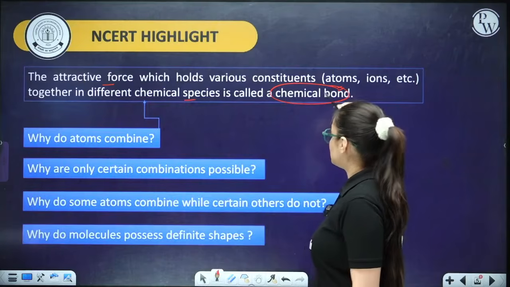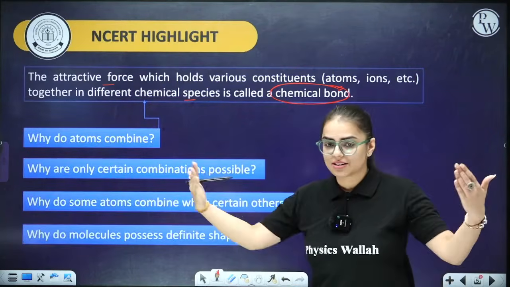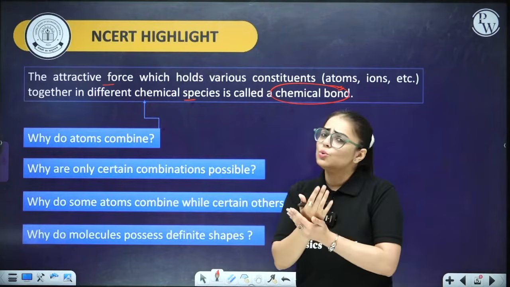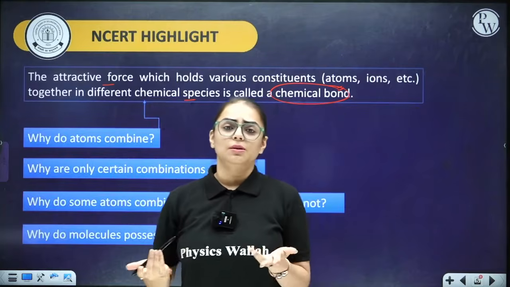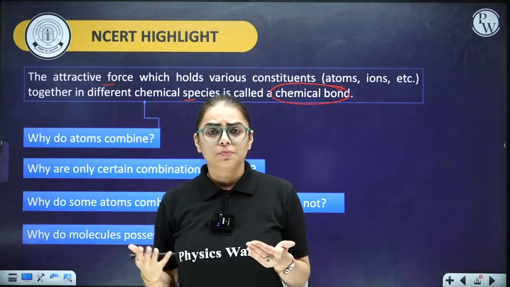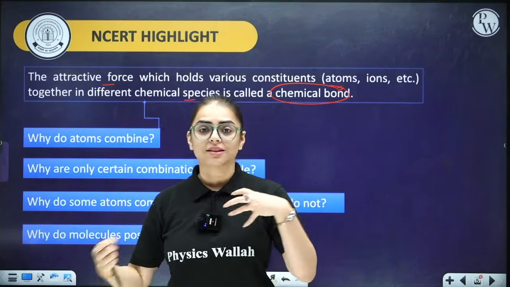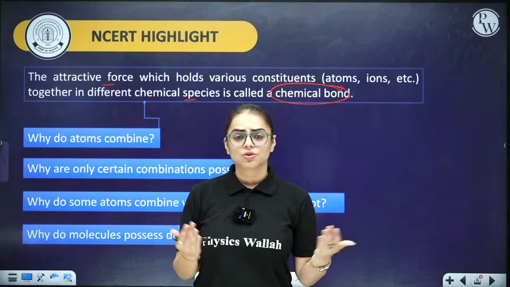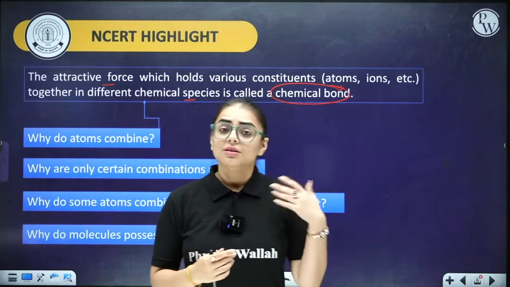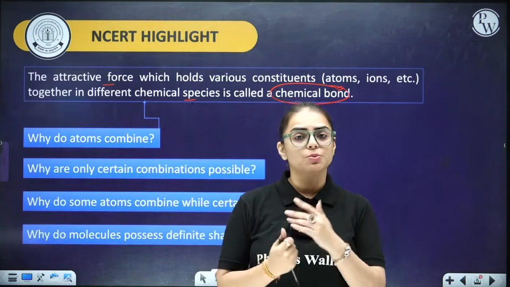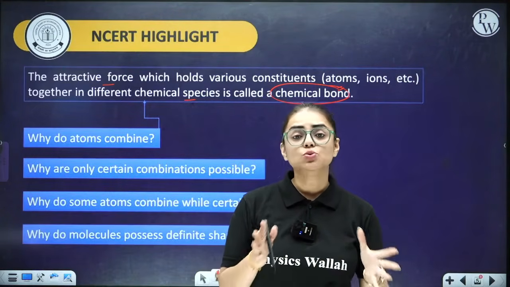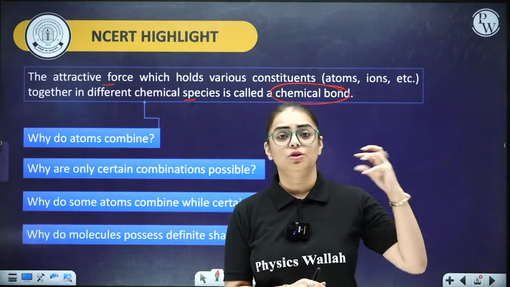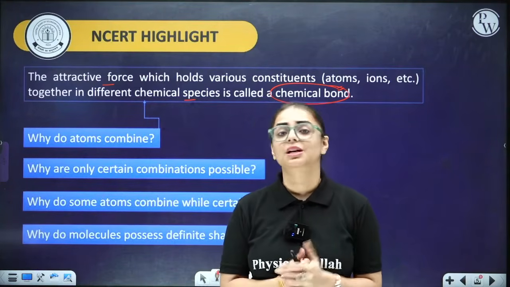So this is a simple definition: the attractive force which brings two atoms together is a chemical bond. If something is positive in nature and something is negative in nature, they come together, sharing their electrons or attracting towards each other. That is the bond formation. The attractive forces between the constituent particles which lead to the formation of a particular molecule, a particular structure, a particular compound is a chemical bond.